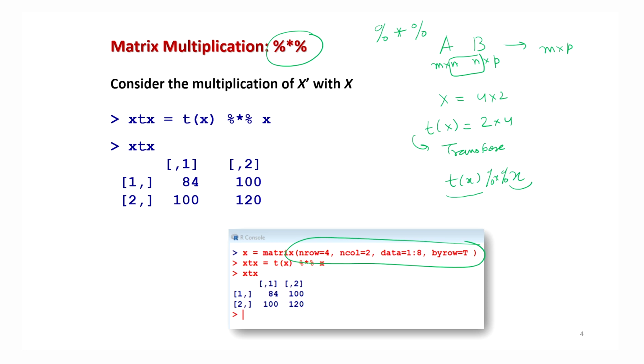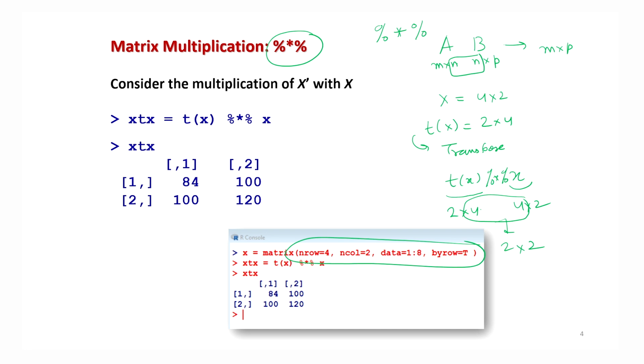So now I have taken a matrix of order 4 by 2, and when I take its transpose, the transpose will become of order 2 by 4, and x is 4 by 2. So the output will become 2 by 2. I have taken this example just to make sure that the number of rows and number of columns match. Otherwise you can take any two matrices and multiply them without any problem.